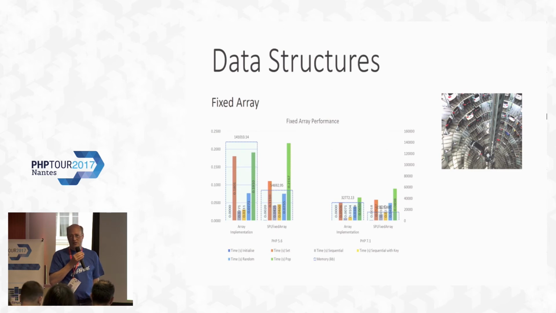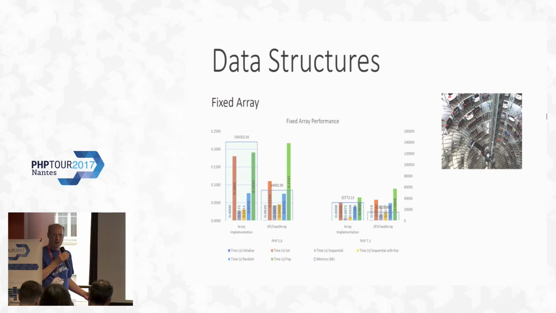If you're working with days of the year, it's either 365 or 366, you know how many values you're going to be working with. If you're doing an airline booking system, you know how many seats there are in an aircraft in advance, or a hotel booking system. You can use fixed arrays for that.